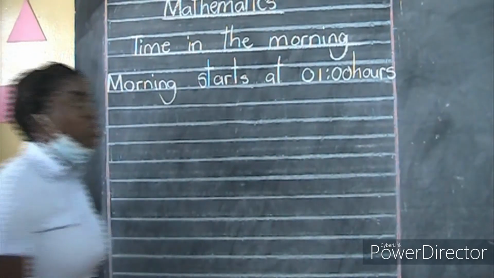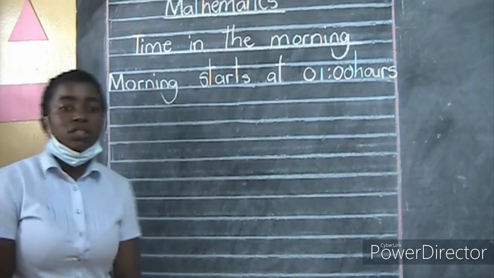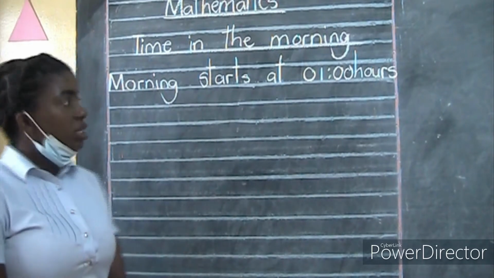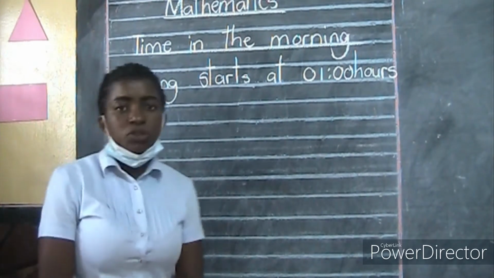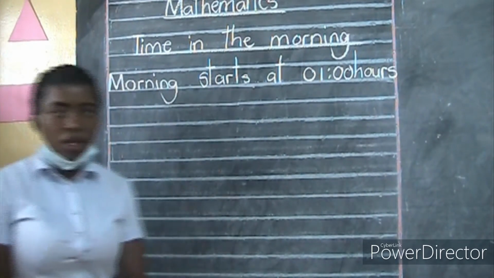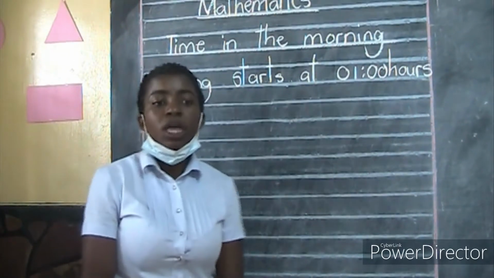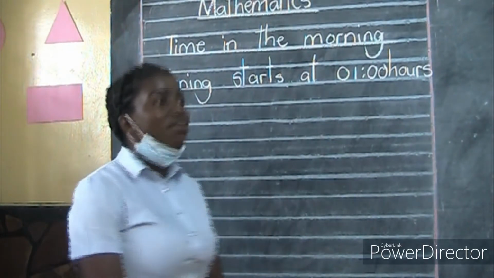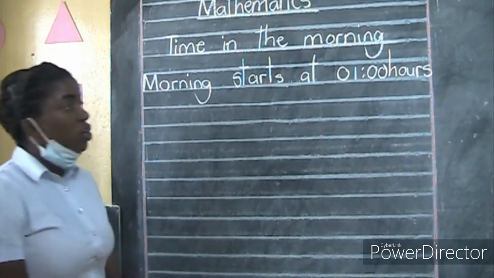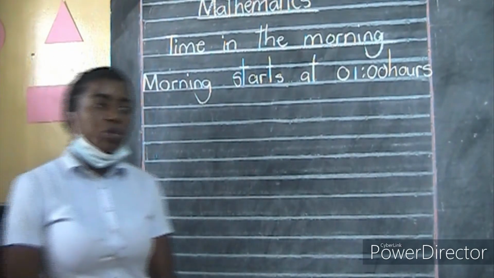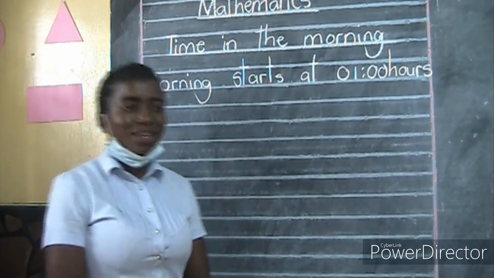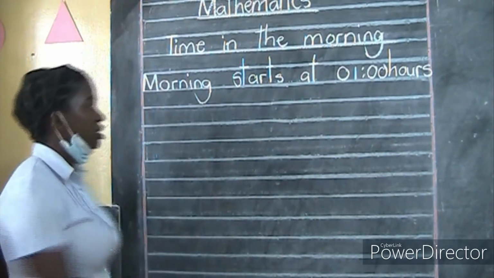So the moment it is 01 hours, you can easily tell someone good morning. But you're also supposed to know when to stop telling someone good morning. So since morning starts at 01 hours, the morning ends at 11:59 hours. So you stop greeting someone good morning exactly at 11:59 hours.